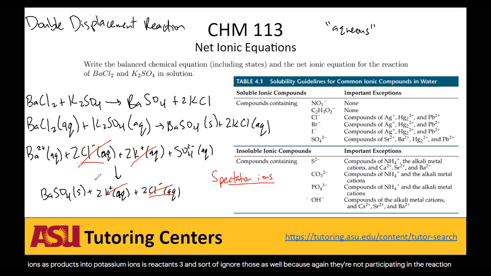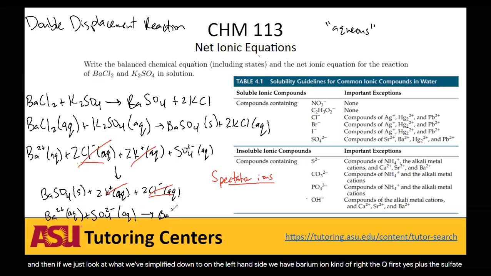And then if we just look at what we've simplified down to, on the left-hand side, we have barium ion, aqueous, plus the sulfate ion, aqueous, yields barium sulfate, solid.